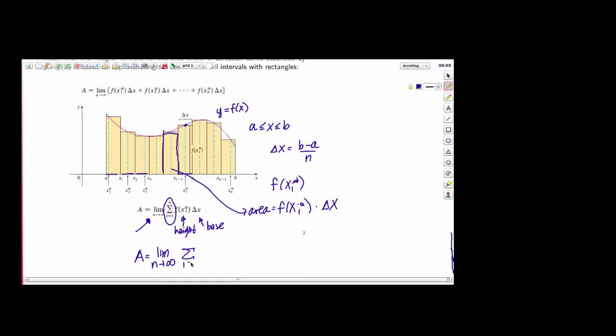So the area under the curve is the limit as n goes to infinity of the sum from i equals 1 to n of f of x sub i star delta x, where again x sub i star is some point in the ith rectangle. This is how we construct our definite integral, the integral from a to b of f of x dx, which represents the area under the curve, constructed as a limit of Riemann sums.